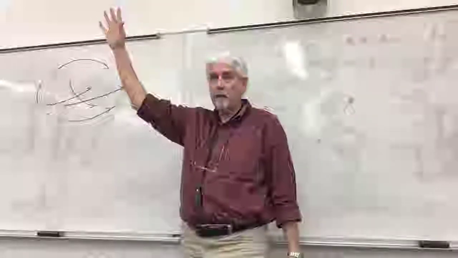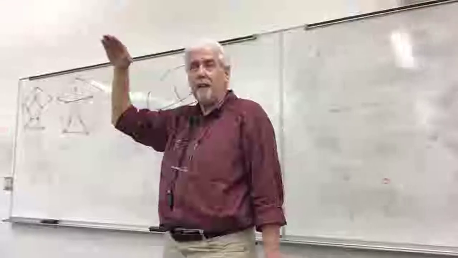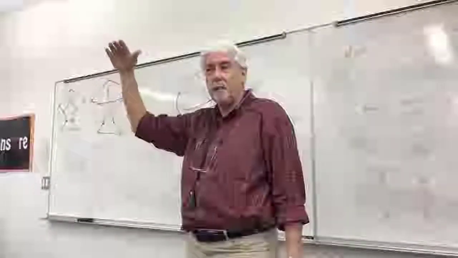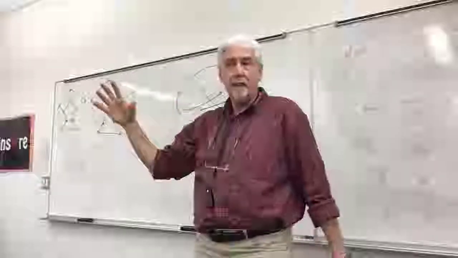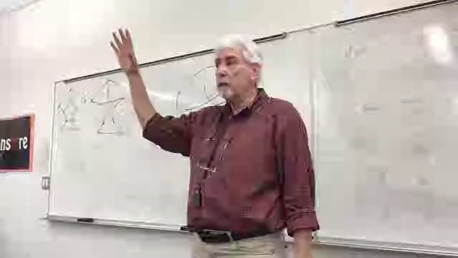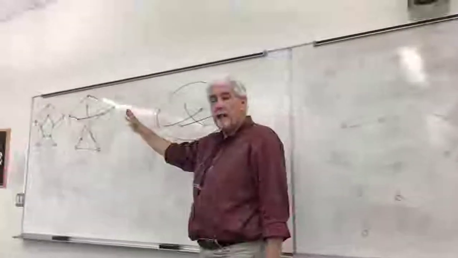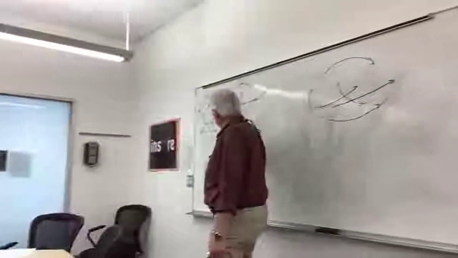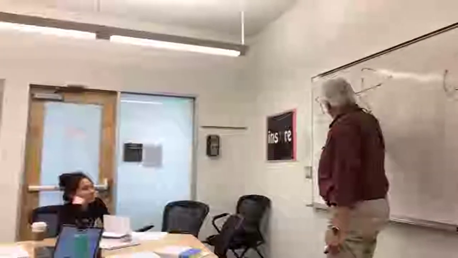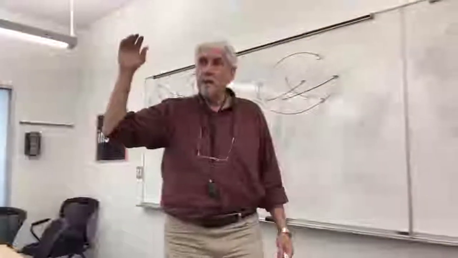Anybody? They're 3-regular. Do we know what all of that means? If I say something that I haven't defined yet, tell me, because sometimes I forget where we are in the book. 3-regular, two 5-cycles. The points in the outside 5-cycle are matched up with the points on the inside 5-cycle.